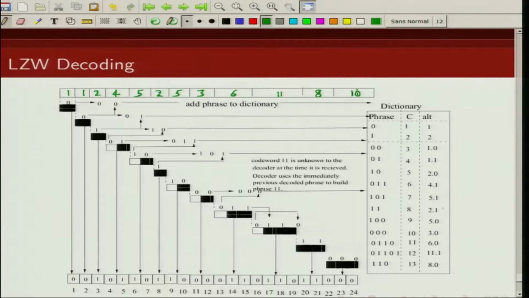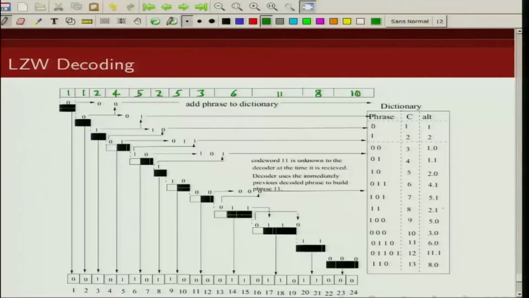Now the first step in decoding is to initialize the dictionary. And how are we going to initialize the dictionary? We are going to initialize the dictionary with length 1 phrases. We are talking about binary sequence here, so those length 1 sequences will be 0 and 1. So 0 is my code word indexed by 1, 1 is my code word indexed by 2.